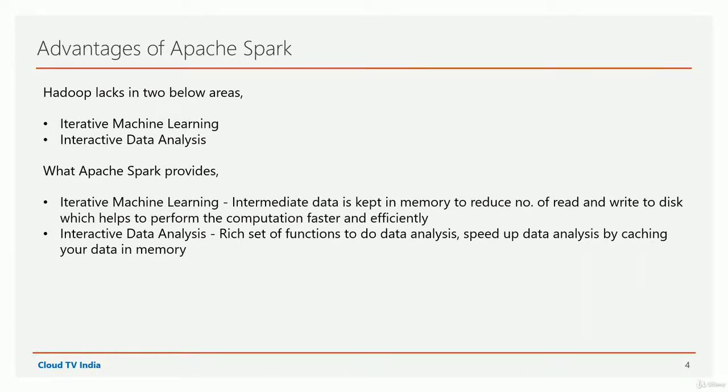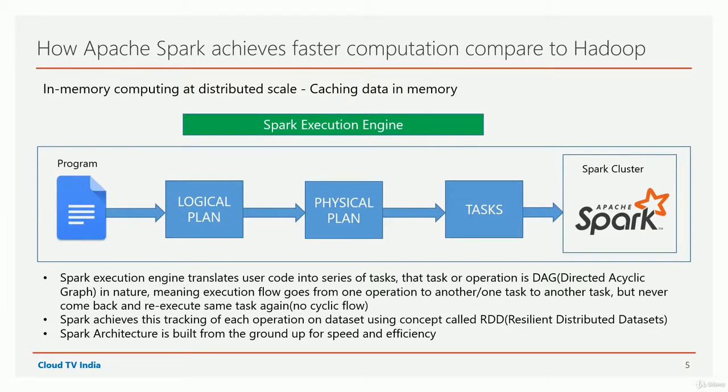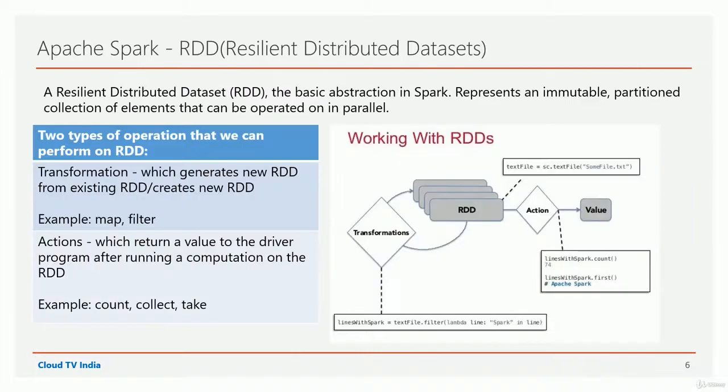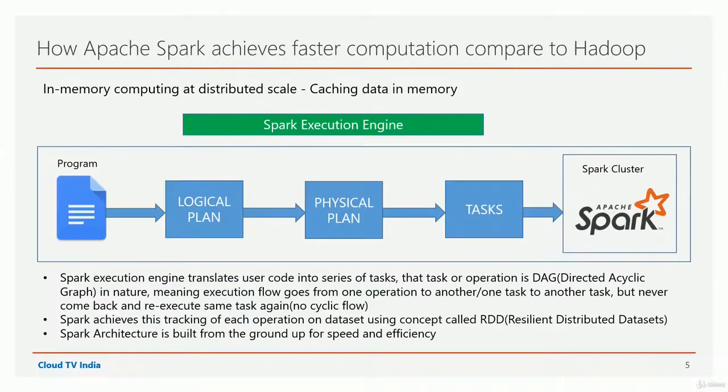Okay, the next thing is, we want to understand how Spark is giving us the execution in a faster manner, how it is able to execute our job in an efficient manner. So we'll try to understand that.